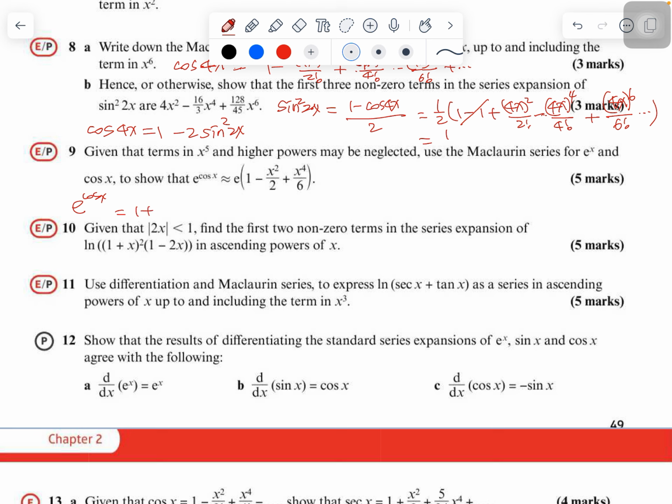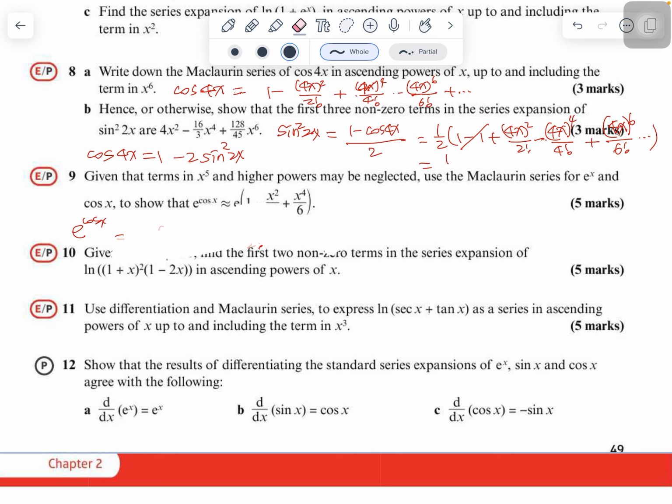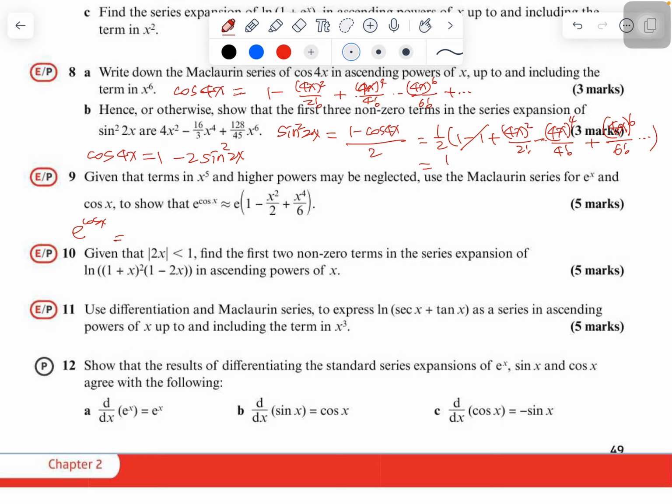means 1 plus, instead of x we just put cos x, which cannot be the answer. Cos x squared over 2 factorial and cos x to the power of... because I just think of something, because here we take out x, so maybe it's better to make it like this.